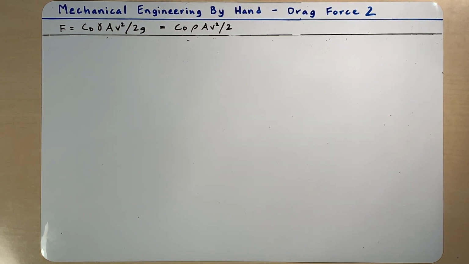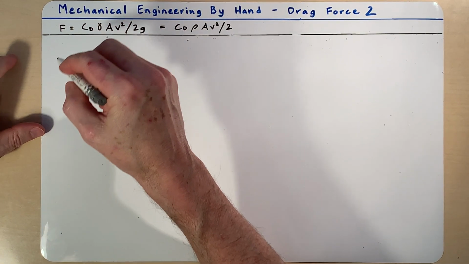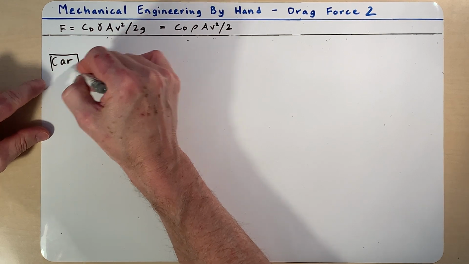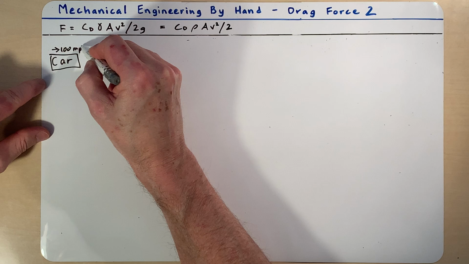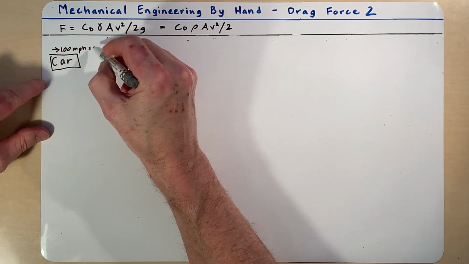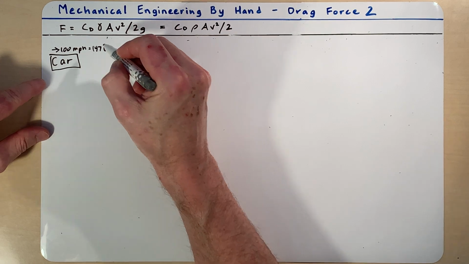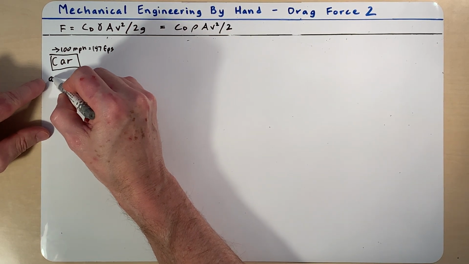So let's look at an example with a car. Let's say it's going 100 miles per hour, and that equals 147 feet per second. And it's traveling through air at standard conditions.